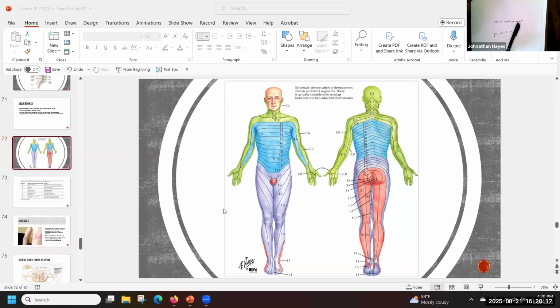And the reason I'm telling you that's what those are is because when you look at this dermatome chart, and I know this is hard to see, C8 would be represented by that little green patch right here. Same thing on this other side. You see that C8 right there? C7 tends to be more of the middle of the hand right here.